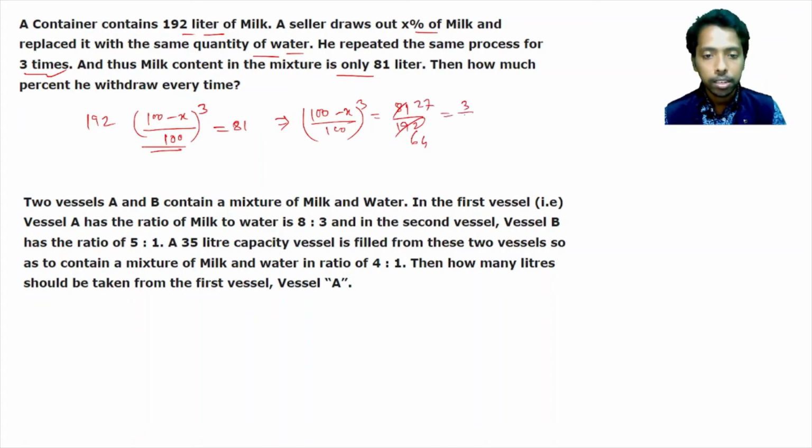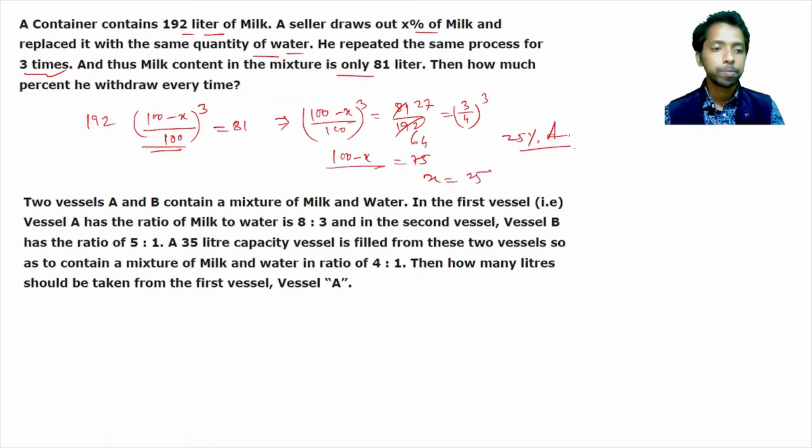We can simply write it as (3/4) cubed. The numbers should be given in such a manner that you can easily calculate. So 100 minus x is 75, so x equals 25. The answer here is 25%, right? Moving to next.